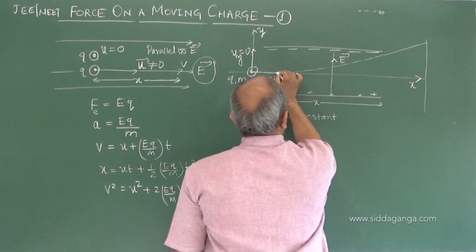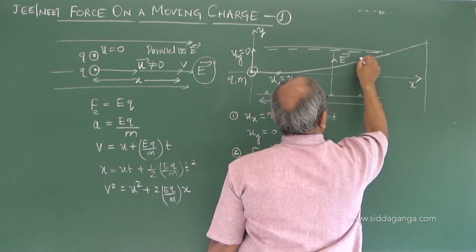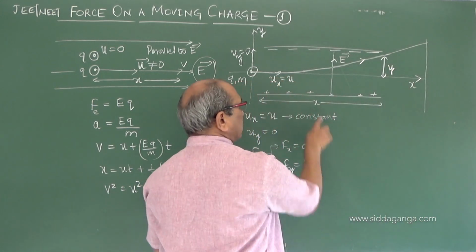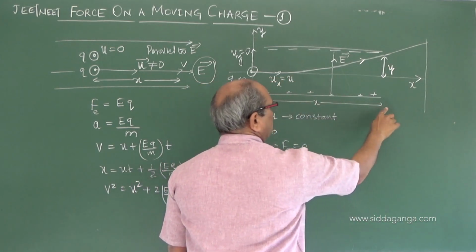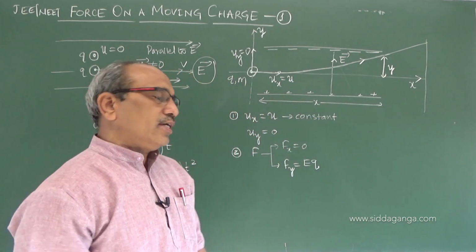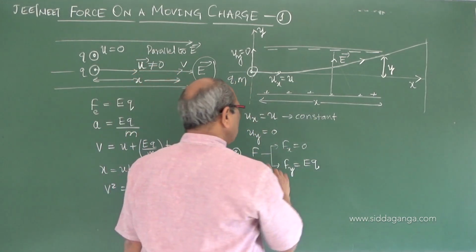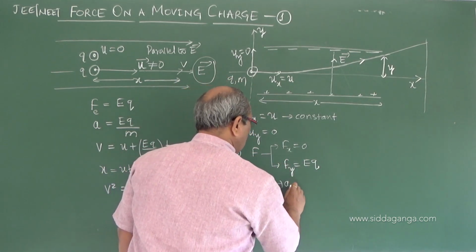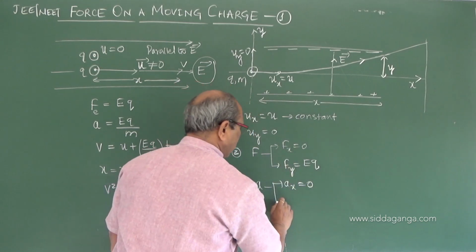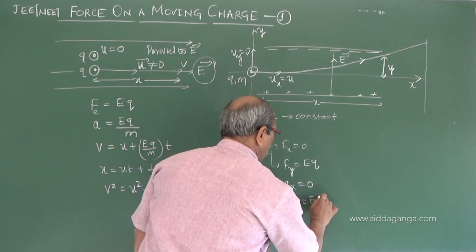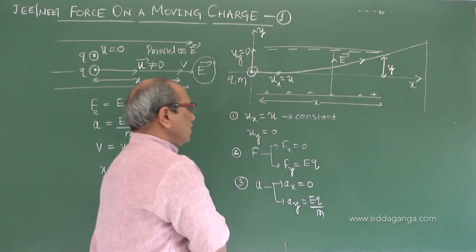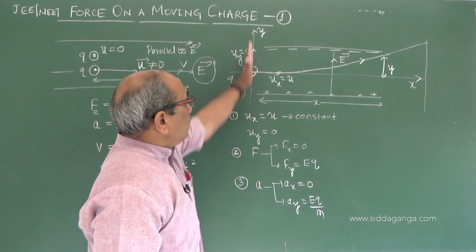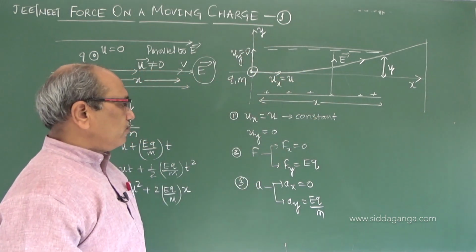Now we see the path of the charged particle. Let y be the distance it covered in the time when the charge traveled a distance x meters along the x direction. Think about the acceleration: Ax is 0 because there is no force, but Ay is equal to EQ by m. It experiences an acceleration along the y direction, and along the x direction it is 0.